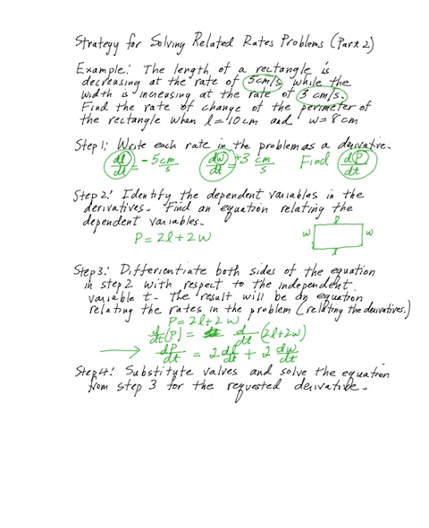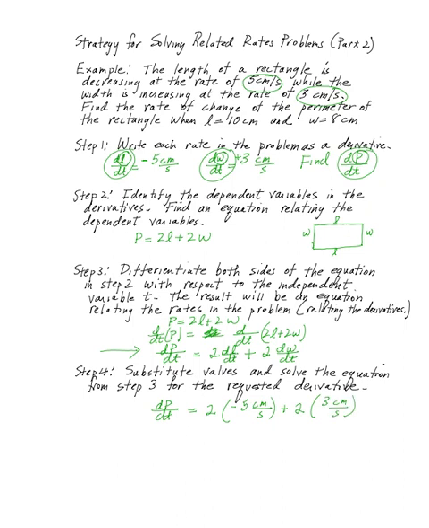Step 4, substitute values into this equation from step 3 and solve for the requested derivative. Well, we're trying to find what? dP/dt. So dP/dt equals 2 dL/dt. So what's dL/dt? It's negative 5 centimeters per second, plus 2 times dW/dt. dW/dt was 3 centimeters per second.